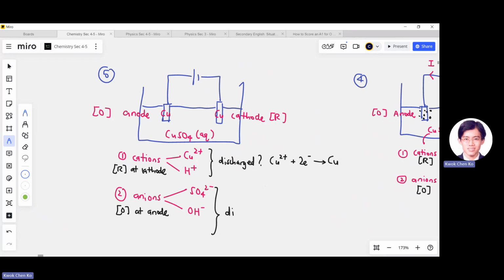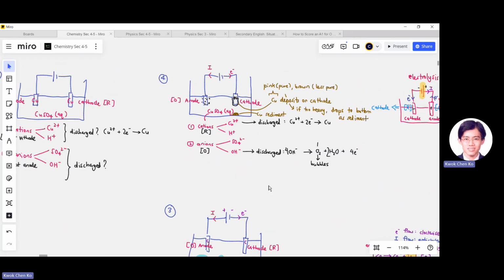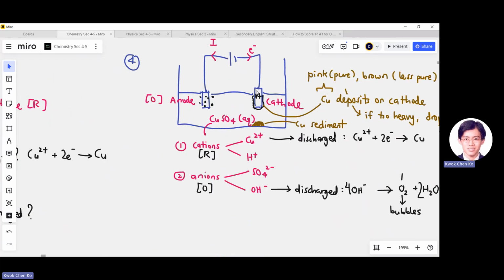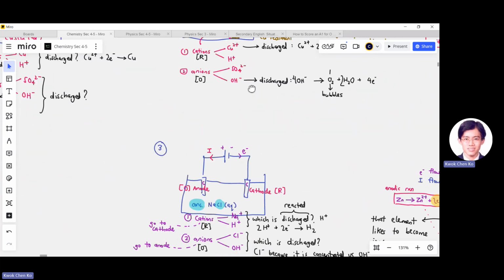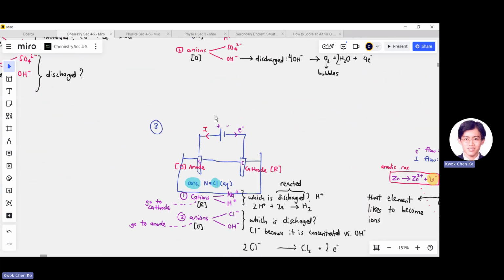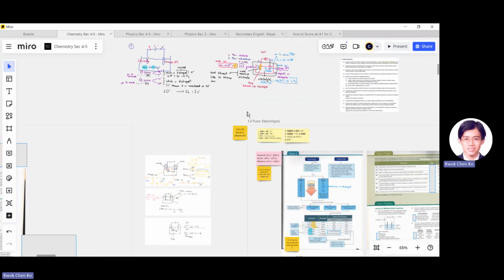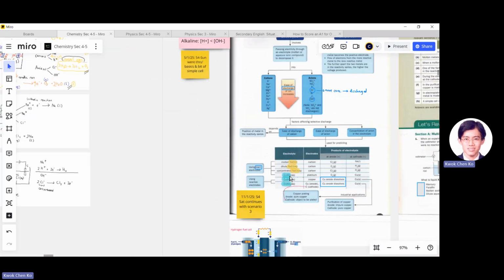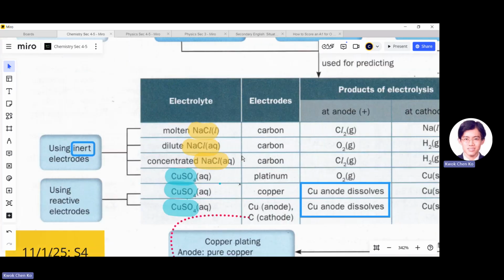Who is going to get discharged? There is a slight problem here. Just now, for scenarios 1 to 3, what kind of electrodes are we using? Platinum, carbon. I think we wrote last week. I hope you wrote it down. We erased it already. Most of the time, platinum and carbon are inert.